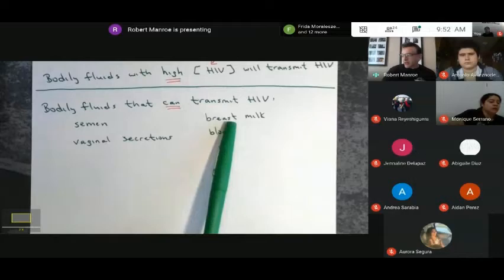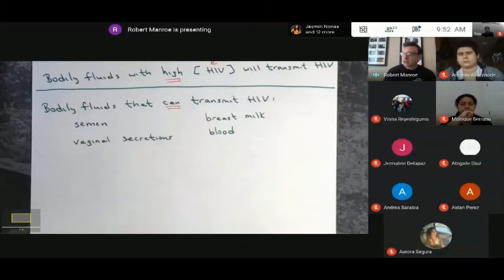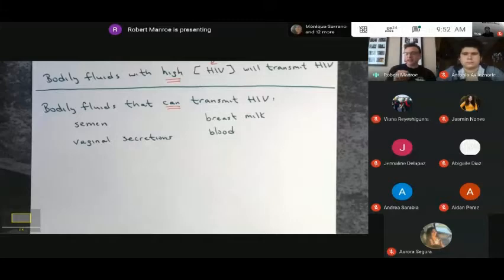Then breast milk. The transmission of HIV from mother to child can occur through the breast milk. And you go, how's that possible? Well, I don't know if you've ever been around children when they teeth, but the gum line literally splits as the tooth erupts through it.